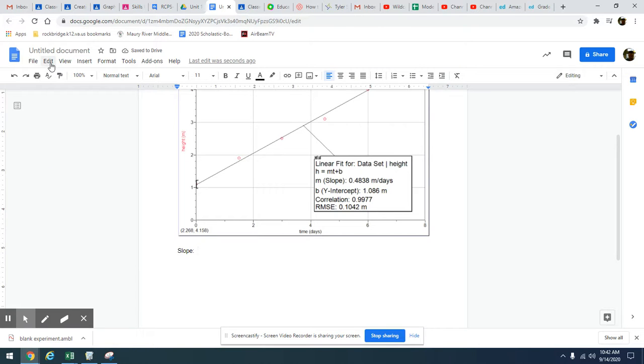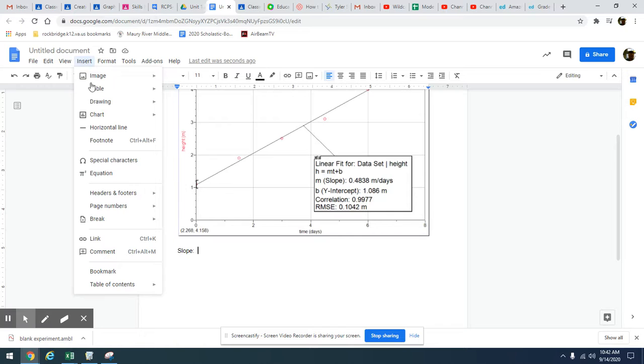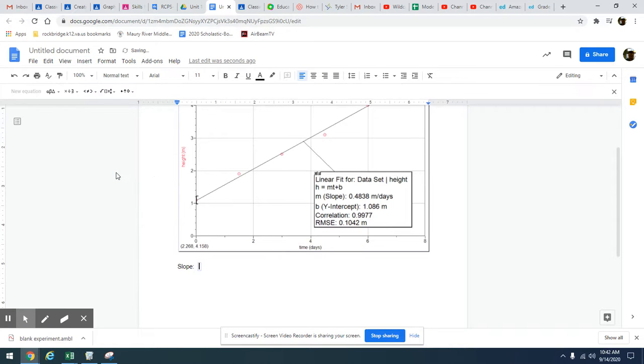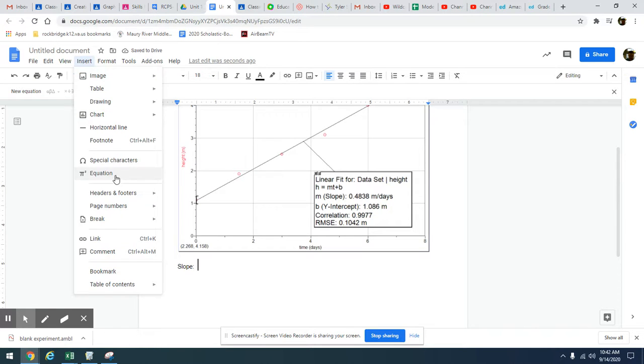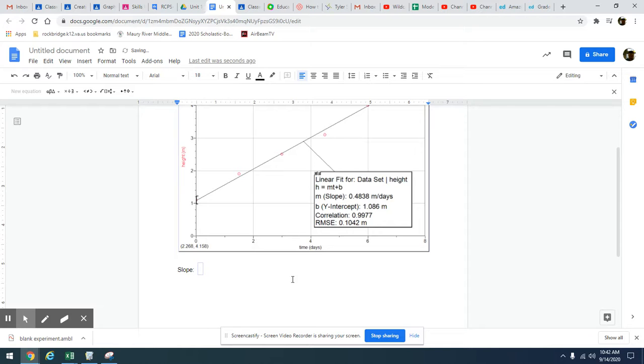I would like to put this in as a nice looking little formula thing, so I'm going to go to Insert and Equation, and oh, maybe I'm going to undo that because I make the font bigger before I do that. Let's see if this works. Equation. Yeah, there we go.